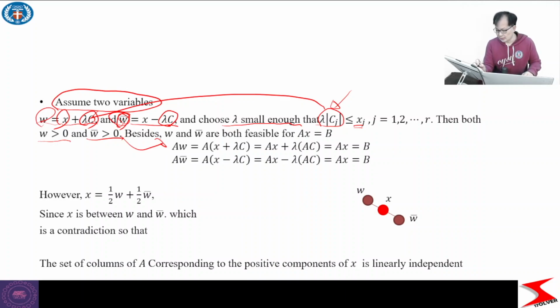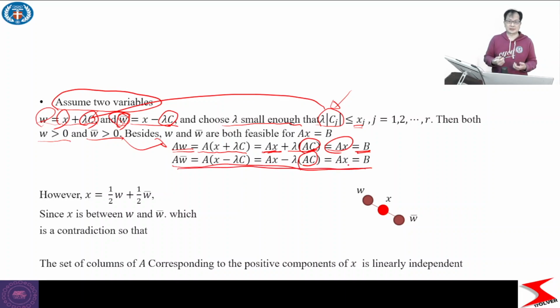We put W into Ax, so here is Ax plus lambda AC, and because AC is 0, here AW equals AX, and AX equals B. And here is the same: AW bar is equal to the same.